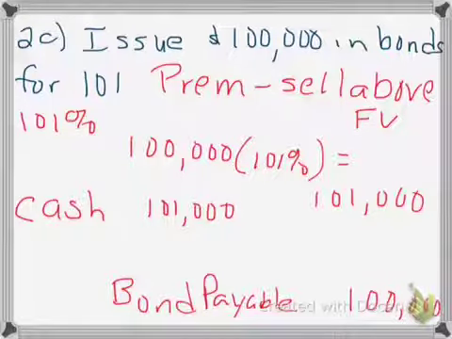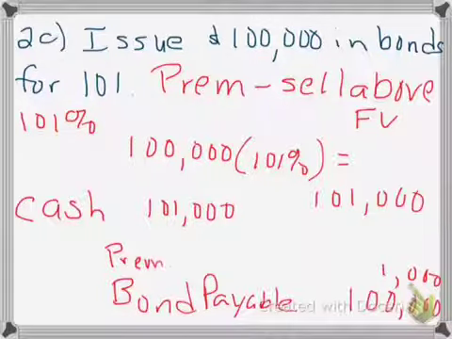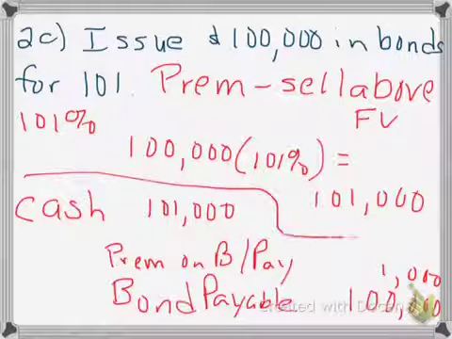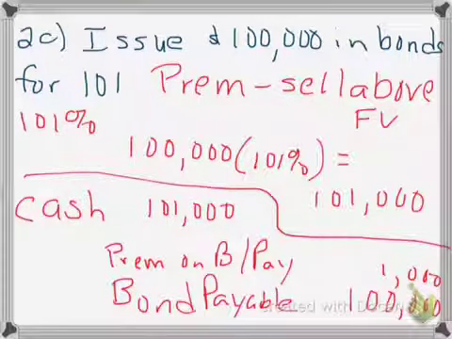Notice again, debits and credits don't match. I need an extra $1,000 in my credit column, and what this is going to be, because it's sold above the face value, is a premium on the bond payable amount for that $1,000. And so this is what we would look at as far as our journal entry is concerned.